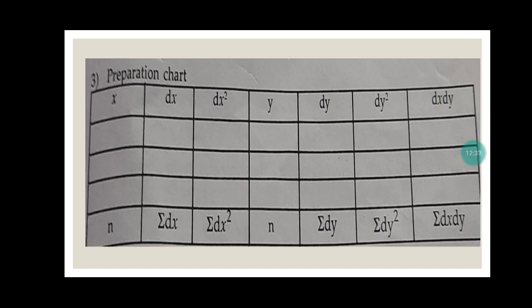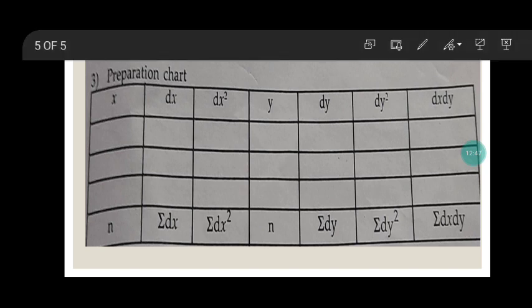So when we start with the first problem, that is correlation in simple series, you have to prepare the preparation chart. It's going to be a chart like the one you can see on your screen, where first of all you would have the x variable. In the problem you would be given two series, the x series and the y series.